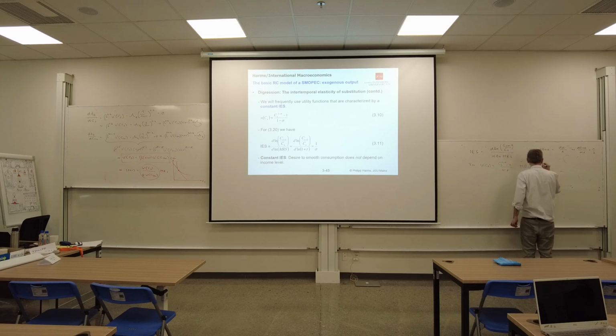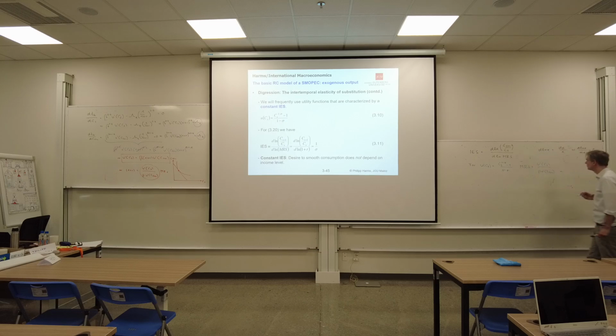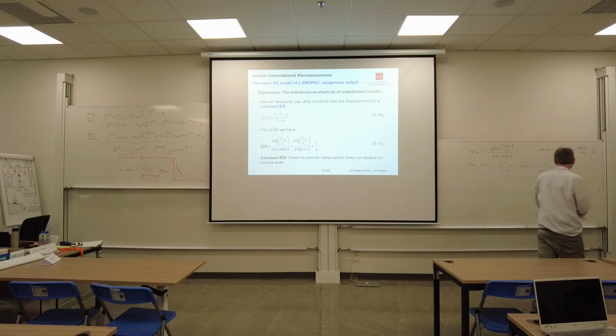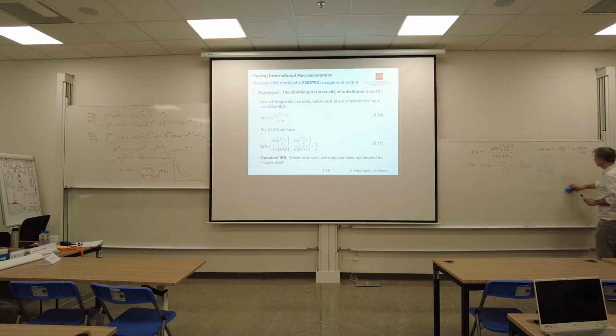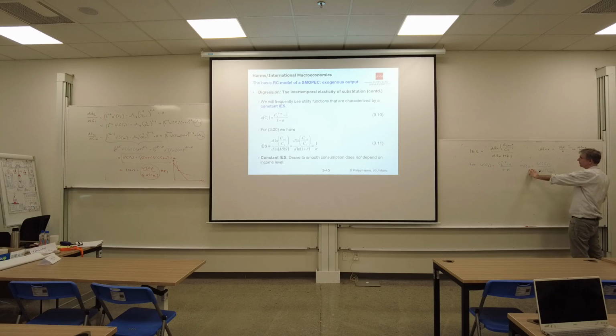It is U prime Cs over beta U prime Cs plus 1, as we've shown half an hour ago. Actually, this is the general definition of the marginal rate of substitution. This is the functional form.